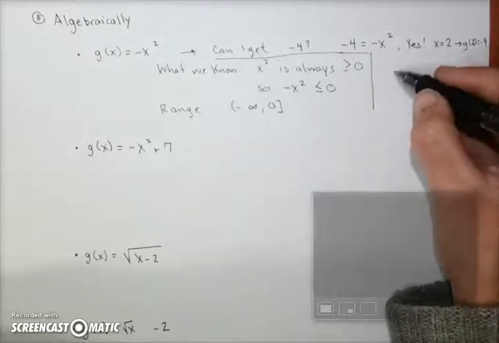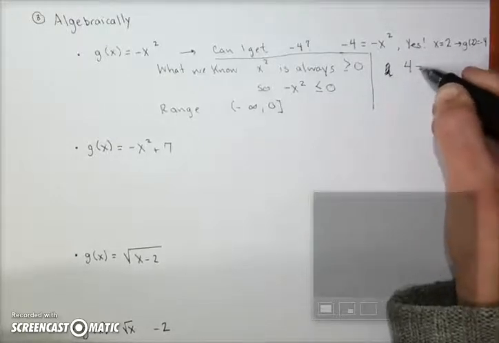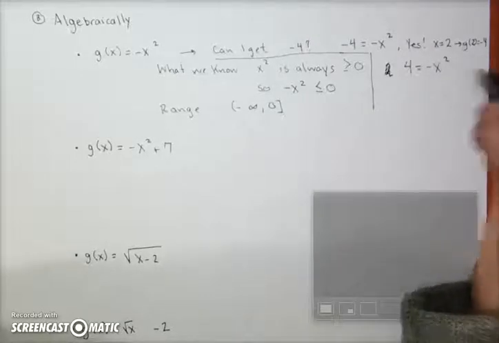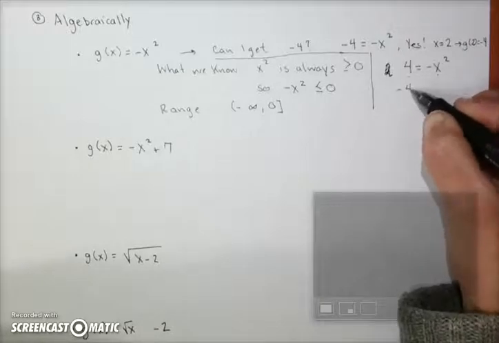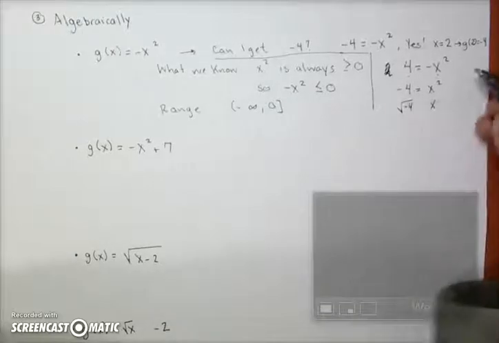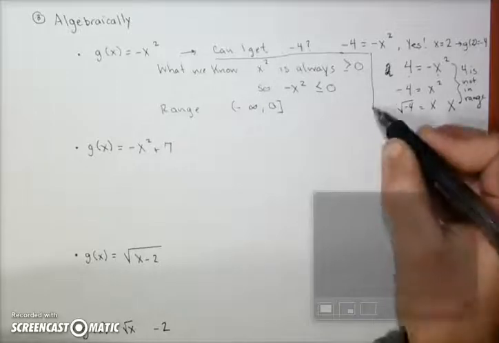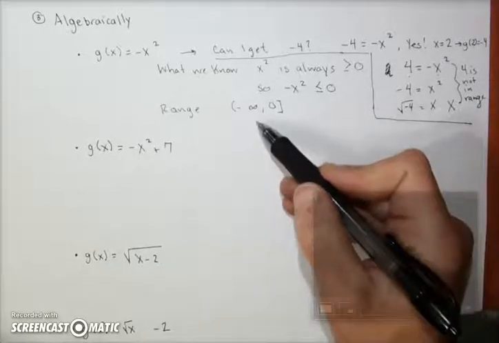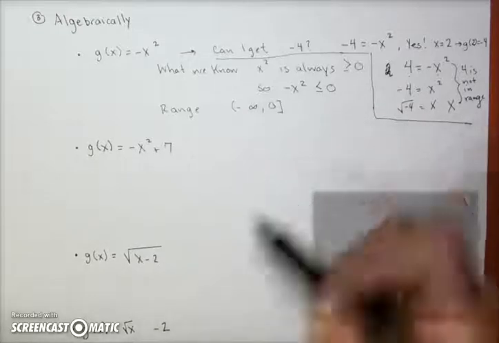We're not supposed to have any positive numbers, so what happens when I try to get a positive number? Let's try for 4. So which x is going to give me 4? Well, that would say that x squared is negative 4. So x is supposed to be the square root of negative 4, which we can't do. So this says 4 is not in the range, which we had already realized because 4 is a positive number.